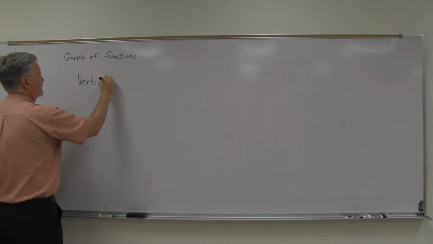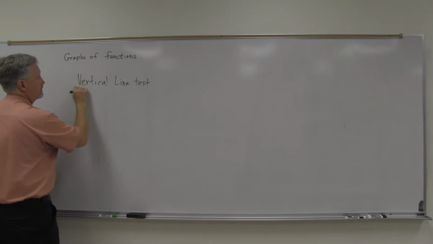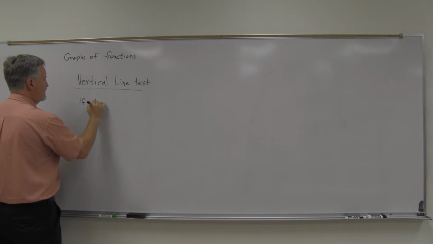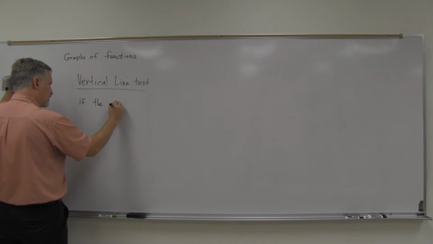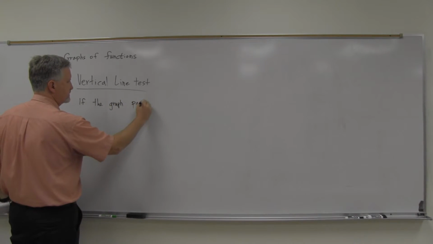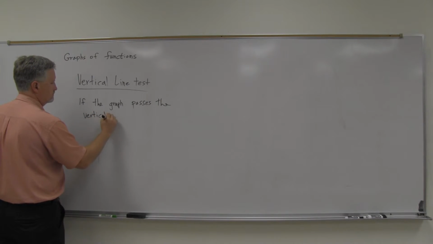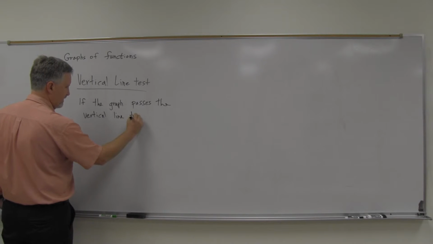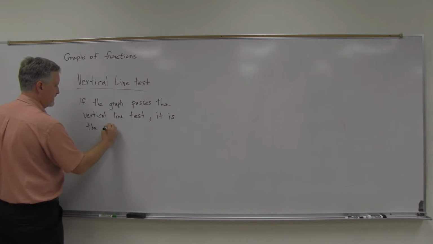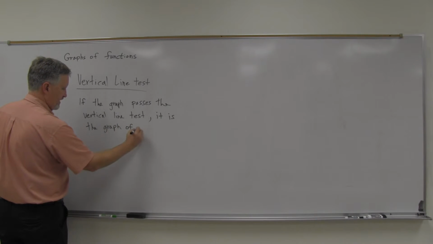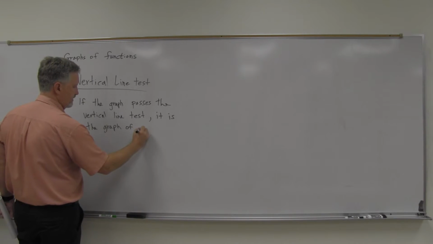So let me just write it up here. If the graph passes the vertical line test, it's a function. It's the graph of a function. Now, what does it mean to pass it?